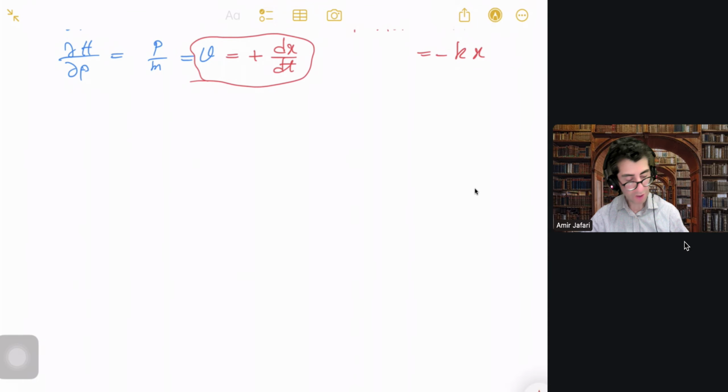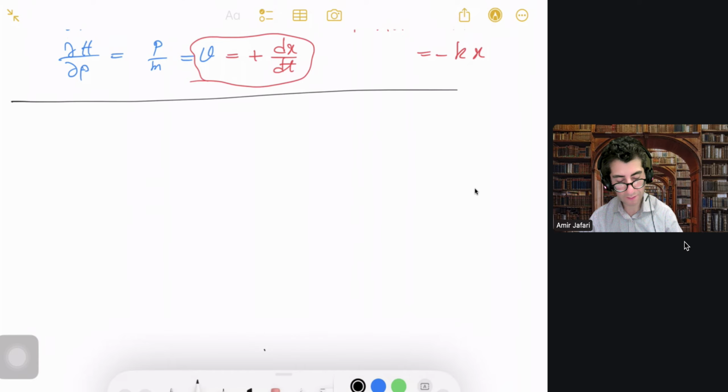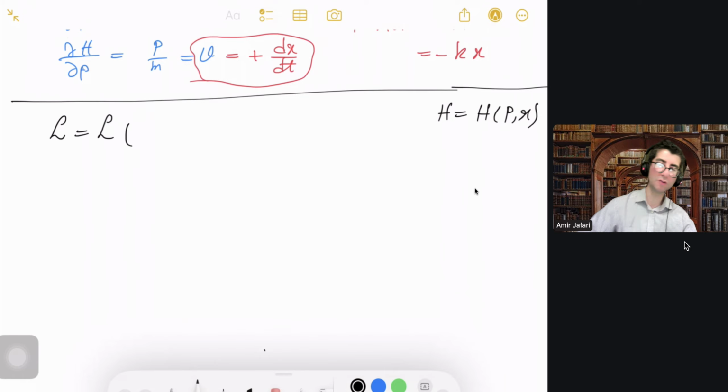In the Lagrangian formulation of classical mechanics, you say that instead I am interested in a Lagrangian, a function which is not a function of P and X, remember, the Hamiltonian was a function of momentum and position. Forget about Q, generalized coordinates, etc. But keep in mind, positions might be generalized coordinates in general.